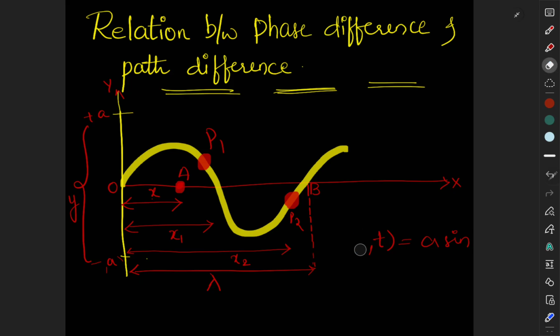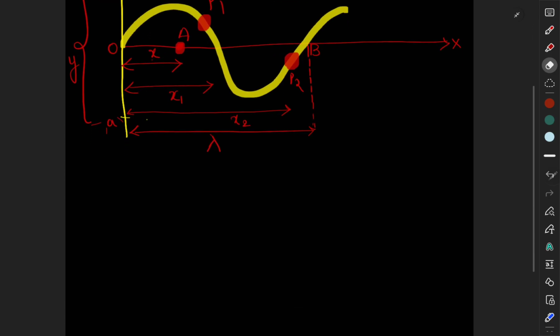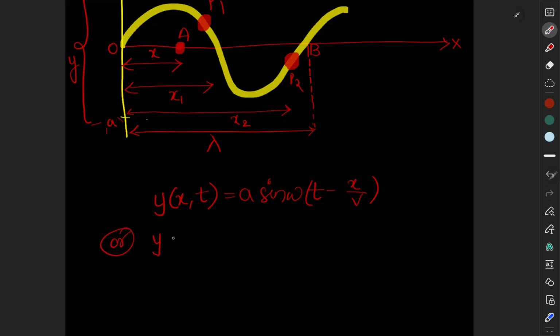So the equation for the wave is represented as y of x comma t is equal to a sine omega t minus x by v, or can also be represented as y of x comma t is equal to a sine kx minus omega t.